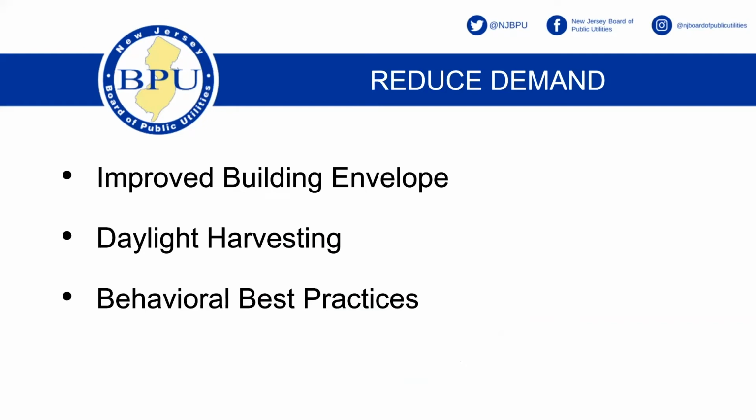The solar gain helps you in the winter. It hurts you in the summer. You can install things like window shades that can help without doing anything else, although you can't do that in a vacuum. You've got to consider daylight, right?